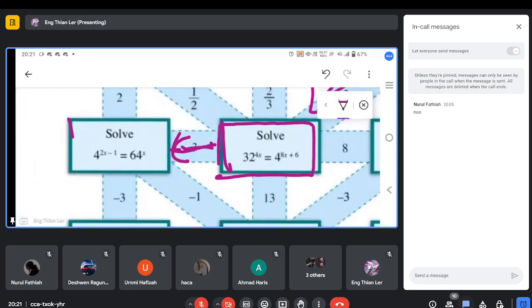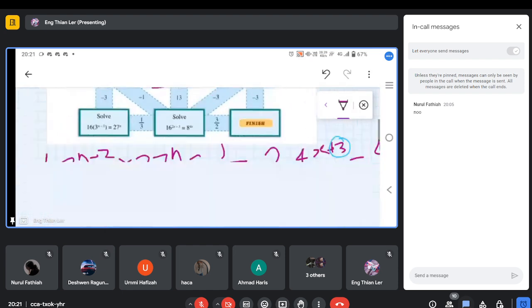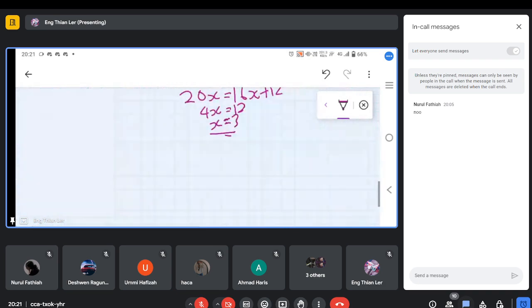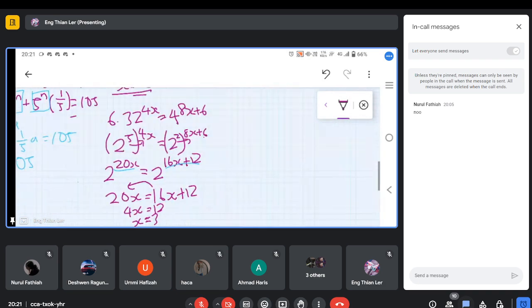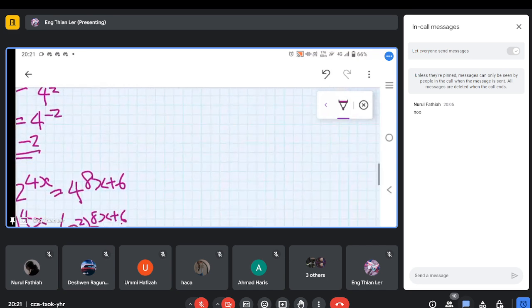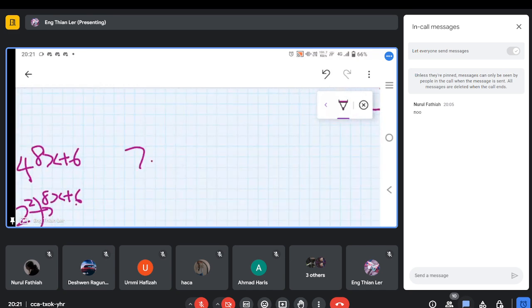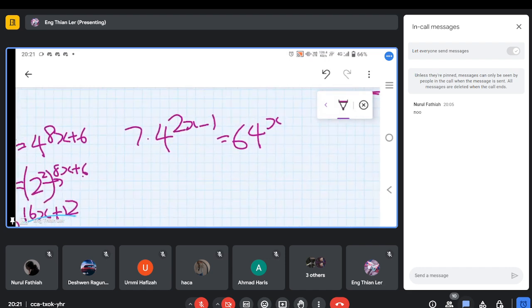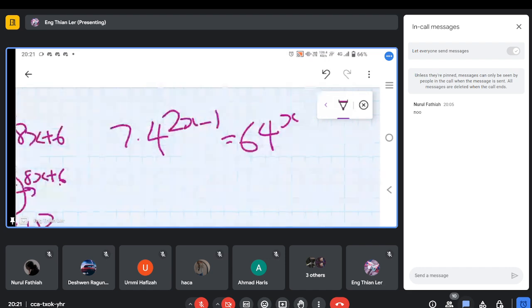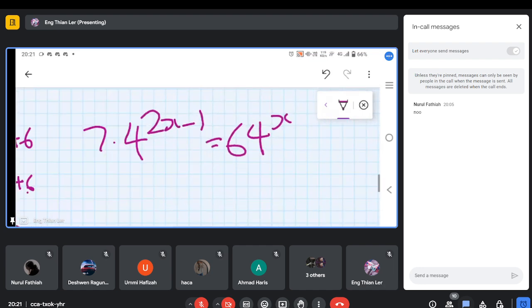So now, look at this. Number 7. 4 to the 2x minus 1 equals 16 to the power of 4x.